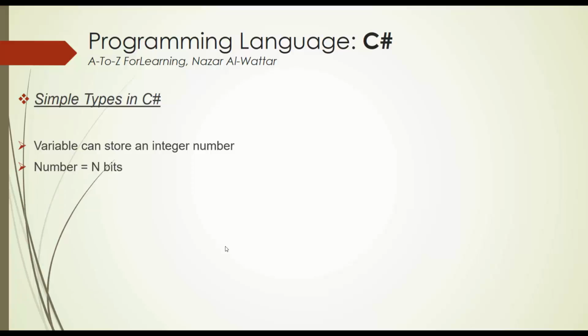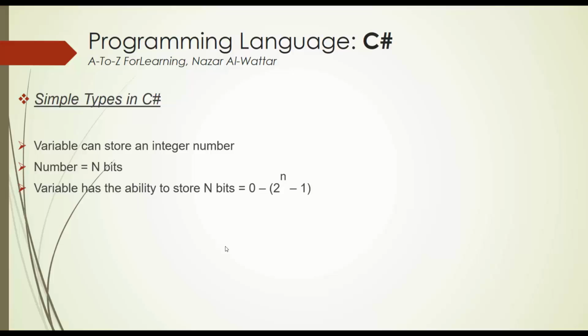A number that needs n bits to be represented in the memory location, and a variable that has the ability to store n bits, this variable can deal with numbers between 0 and 2 exponential n minus 1. So please save this equation to avoid making mistakes when you want to represent a number.